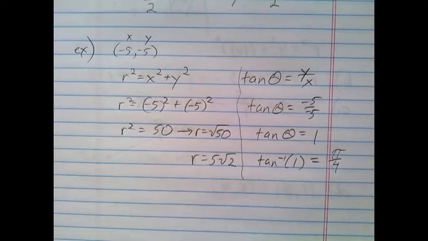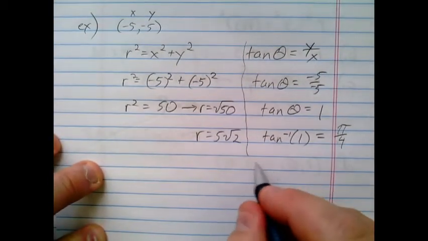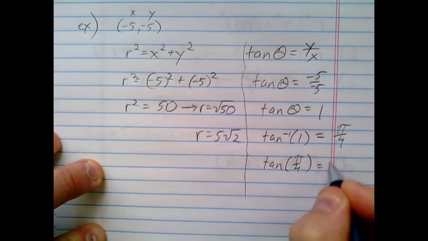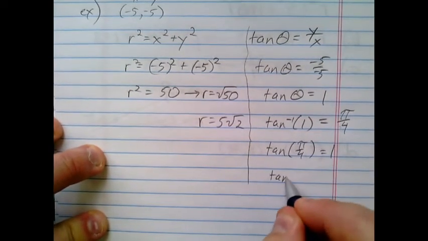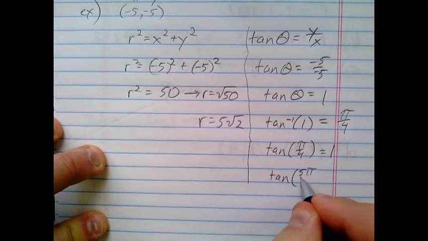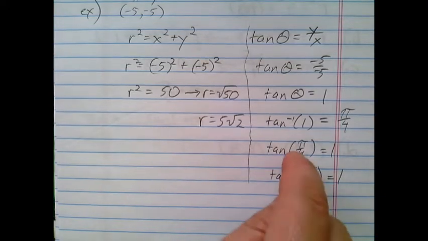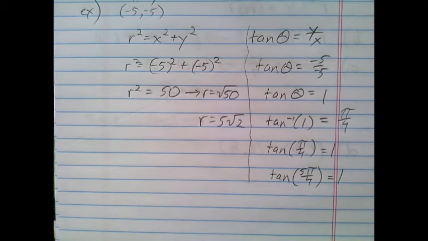So in particular, if I go 180 degrees off of pi over 4, that'd be pi, so pi over 4 plus pi is 5 pi over 4. It's true that tangent of pi over 4 is 1, but also if I take that angle that's 180 degrees off of pi over 4, it also has a tangent of 1. Even if we're confining ourselves to 0 to 2 pi, there's always two angles that correspond to any given tangent value.